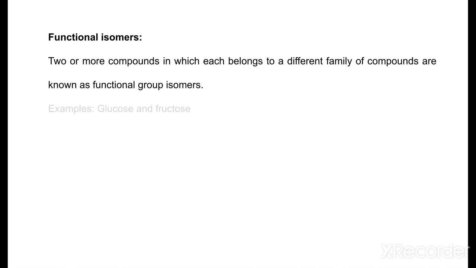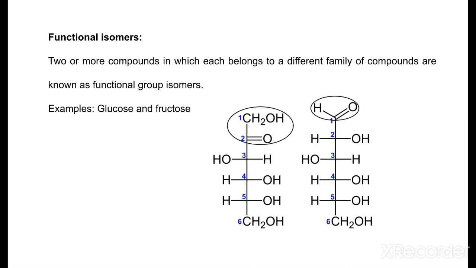For example, glucose and fructose are functional isomers as both have the same molecular formula, C6H12O6, but different functional groups, like aldehyde and ketone respectively. Look at this. The rounded structure is the aldehyde and ketone groups. In the left corner you can find fructose, which is a ketone containing or keto sugar, and the right side is glucose, which is an aldehyde containing sugar.